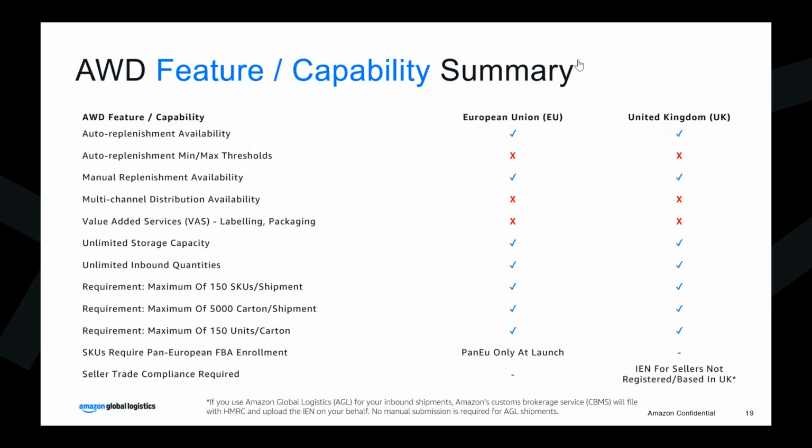For customer support, do we still use the same function we have used in Amazon? Yeah, there will be AWD-specific support for the customer, but it won't be account managers.